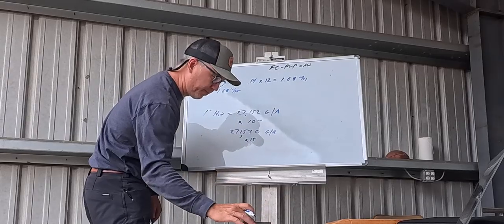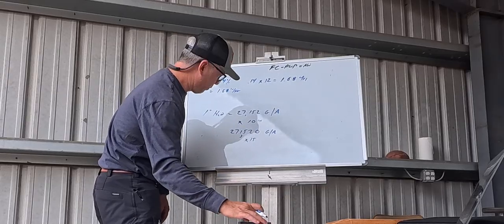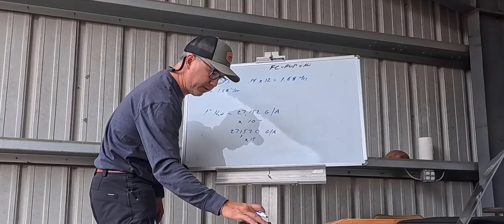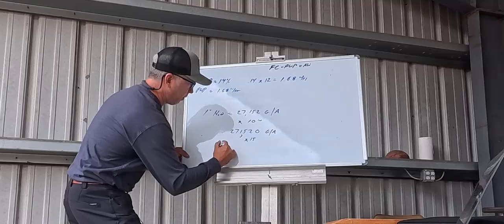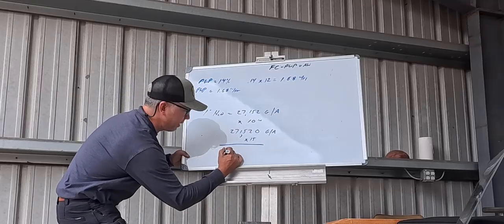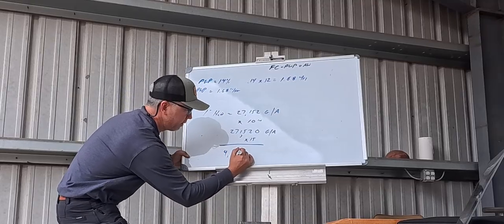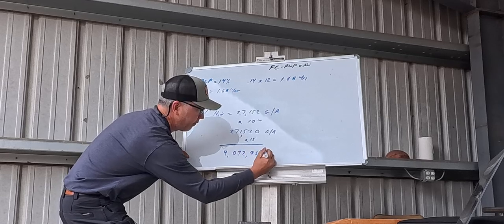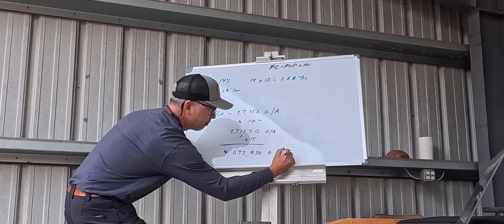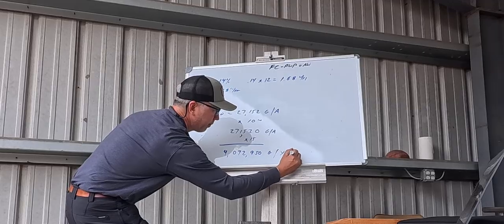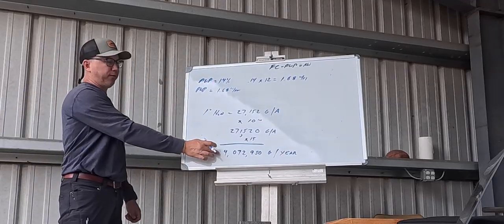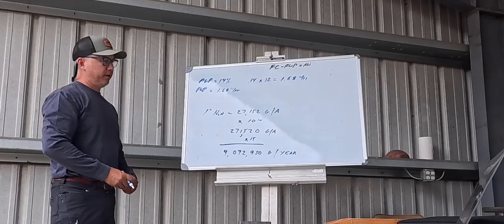Do the math there. 271,520 times 15 acres. So this farm gets 4,072,950 gallons per year. So we just figured out what this whole property gets per year. So about 4 million gallons of water.